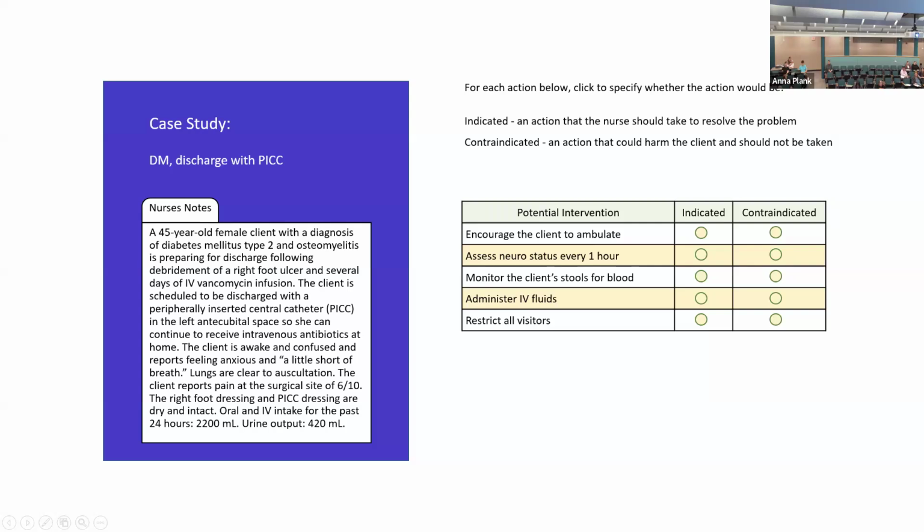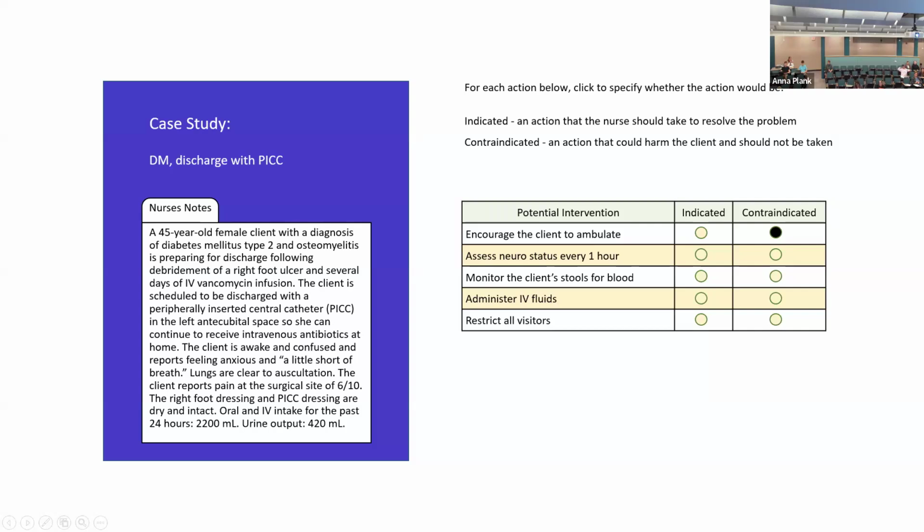Are we going to encourage them to ambulate? Why would we or would we not? Because what were their vitals on the first page? Not good, and they're here for what? Something with their foot, so we probably don't want them up and moving. They're infectious, they have low blood pressure, their sat's low, we don't want them to get up.